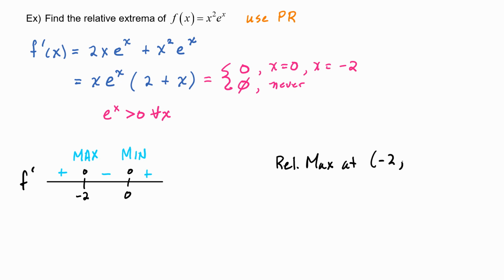We will need to figure out f of -2. So f of -2 is equal to -2 squared times e to the -2, which is 4 over e squared. So that's the y value here.